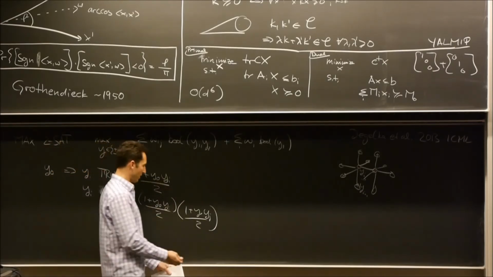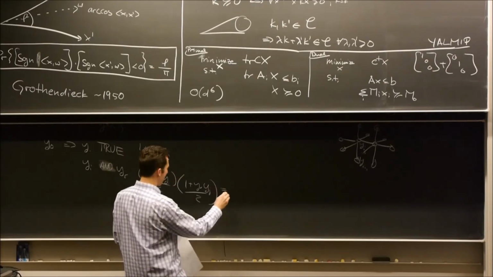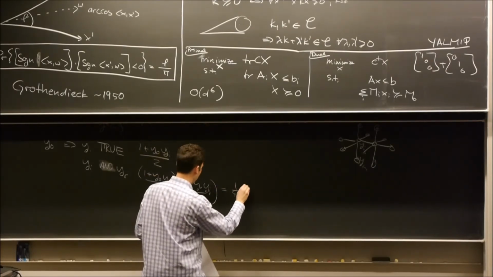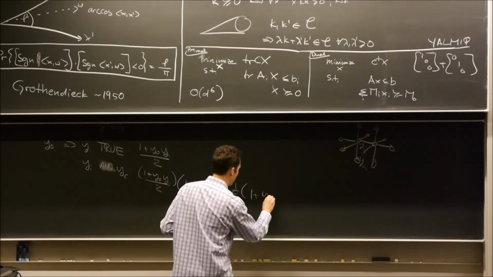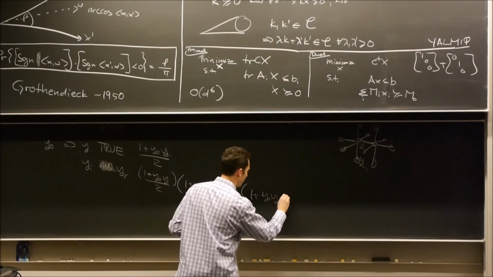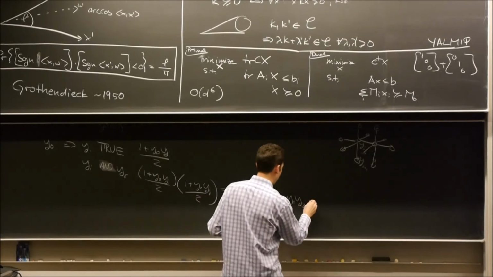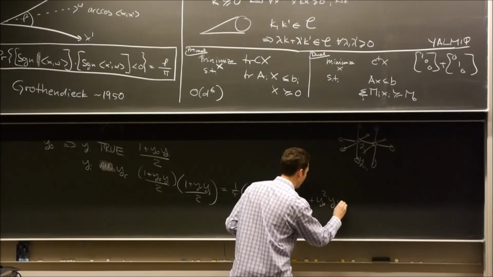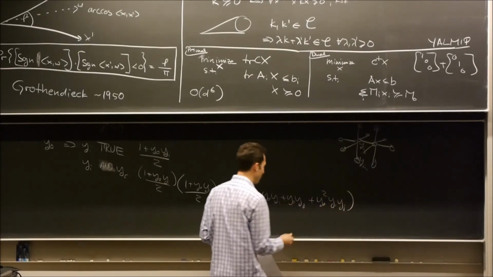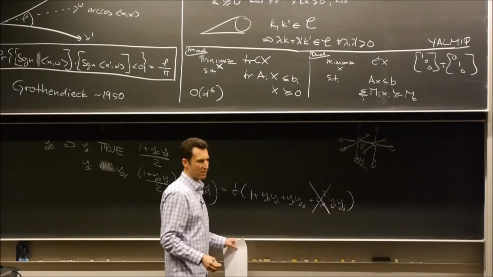So if I work this out, this gives me 1/4 times 1 plus y0 yi plus y0 yj plus y0 squared yi yj. And what you can immediately see is that y0 squared disappears because it's either 1 or -1.